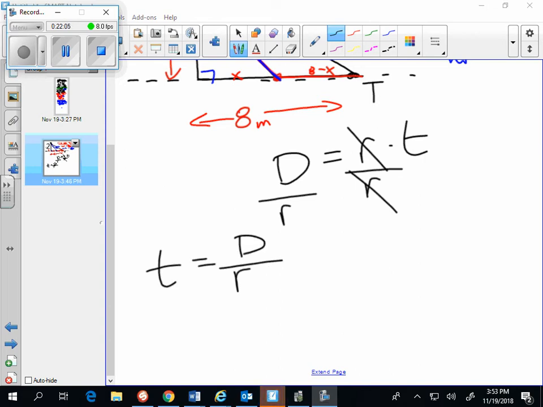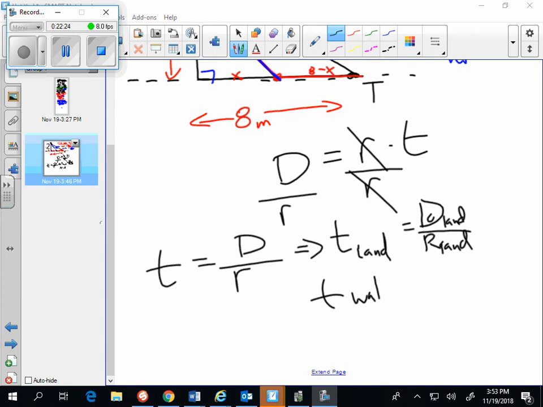Now in our problem, that means we've got the time on land, which would be the distance on land over the rate on land. And we've got the time in the water, which is the distance in the water over the rate in the water.